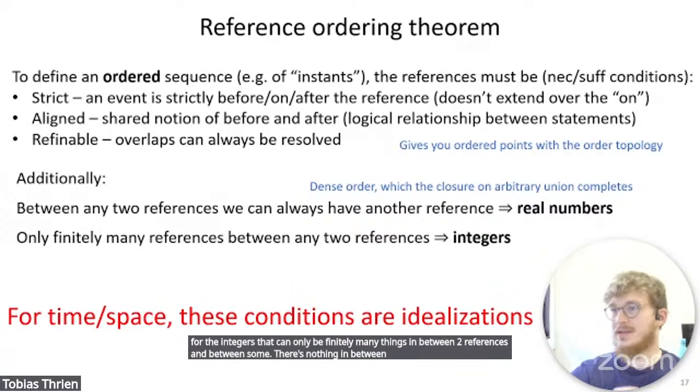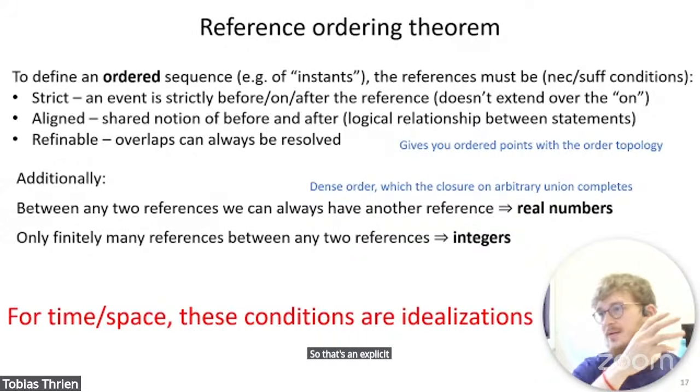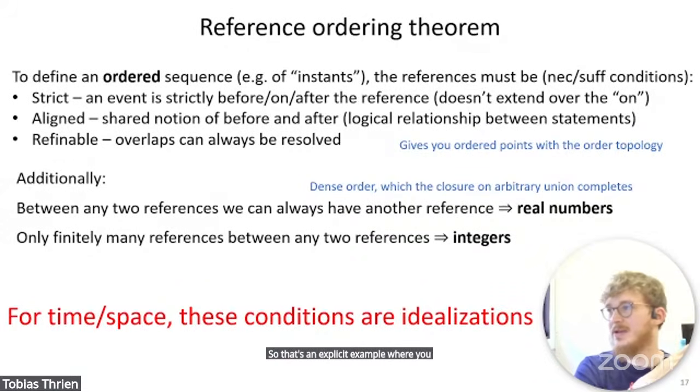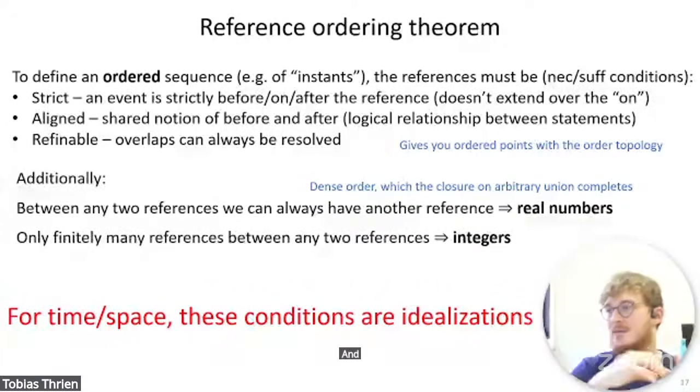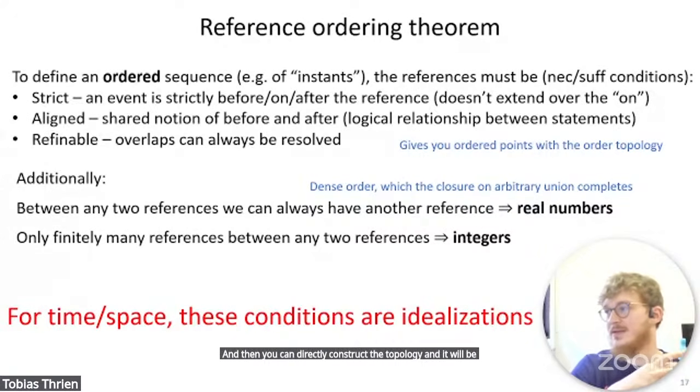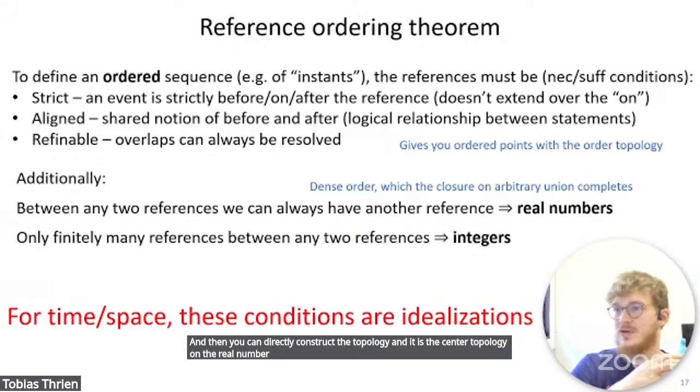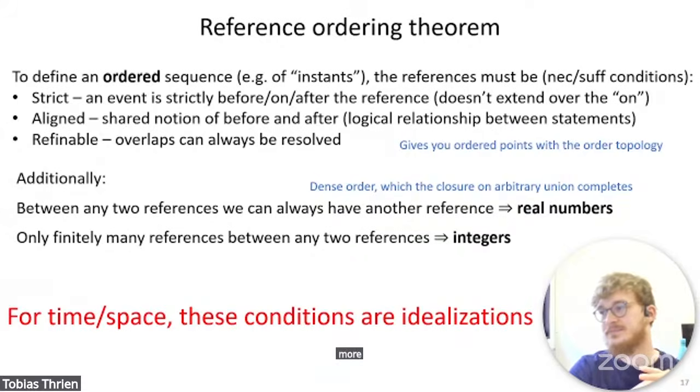So that's an explicit example where you started by explaining what is experimentally verifiable, what statements you can verify, and then you can directly construct the topology, and it is the standard topology on the real numbers. So this is a concrete example of what I introduced in the first talk, more abstractly.